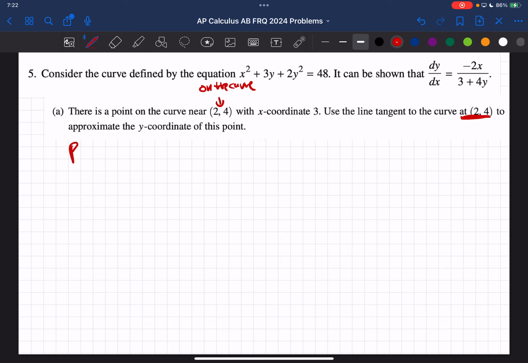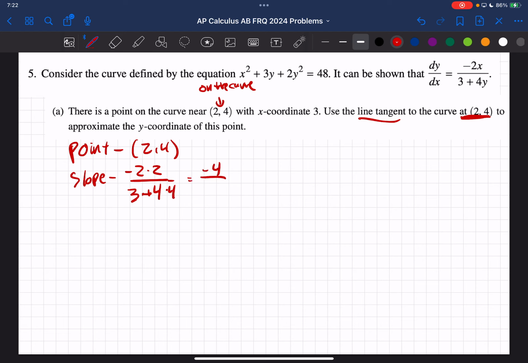So what we need is a line tangent. We need two things to get a tangent line, a point, and they gave us that. We also need slope, and for slope, we need to get that from this formula right here. So we're going to plug in 2 for x, and 4 for y.